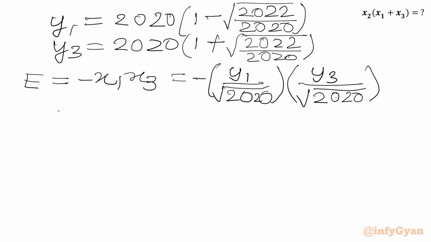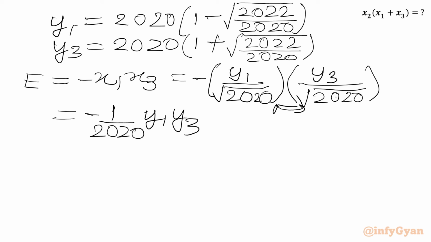So I can write it will be equal to minus of, these two will give us 2020 in the denominator, y1 y3. Now y1 y3 is here, we have to multiply both.